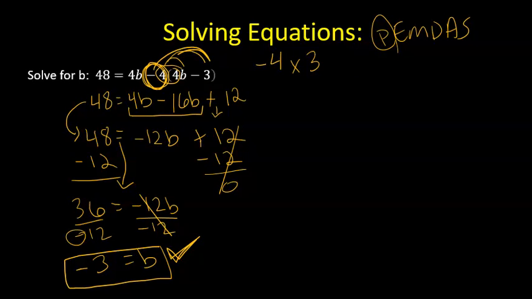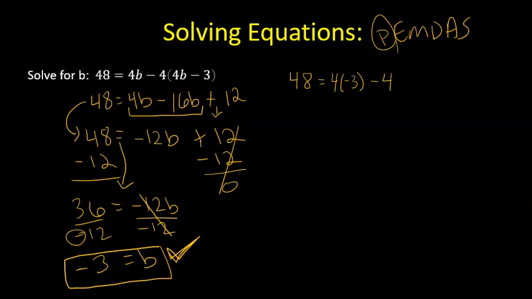I think what I'm going to do is, let me get rid of this right here. I'm going to rewrite some of the parentheses into a different bracket. So let me actually get rid of a lot of this because I'm kind of having a hard time seeing. So we have 48 equals 4, let's do -3, minus 4.